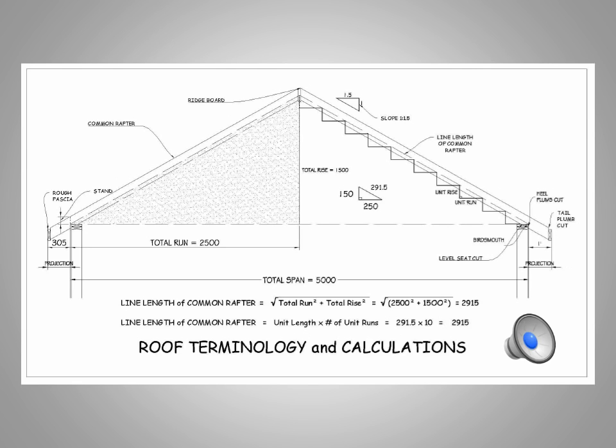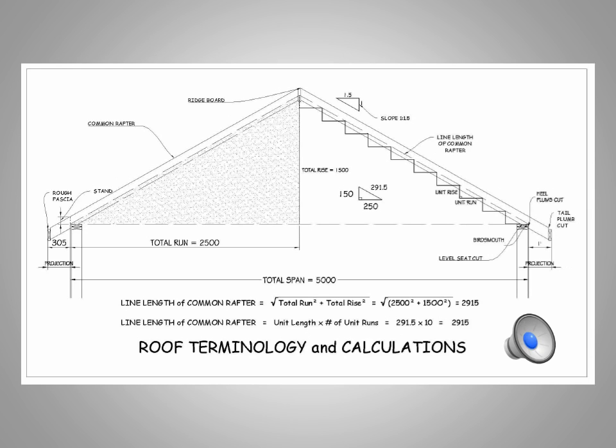Now, applying Pythagoras' theorem, the line length of the common rafter is the square root of the total run squared plus the total rise squared, which would be the square root of 2,500 squared plus 1,500 squared, which is 2,915 millimeters. And remember, when you enter this into your calculator, you must include the brackets. It's very important.